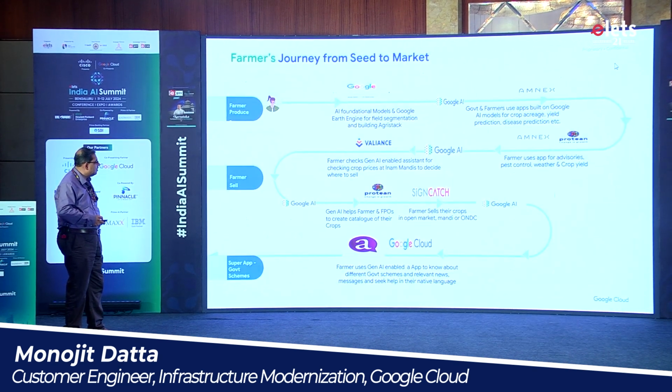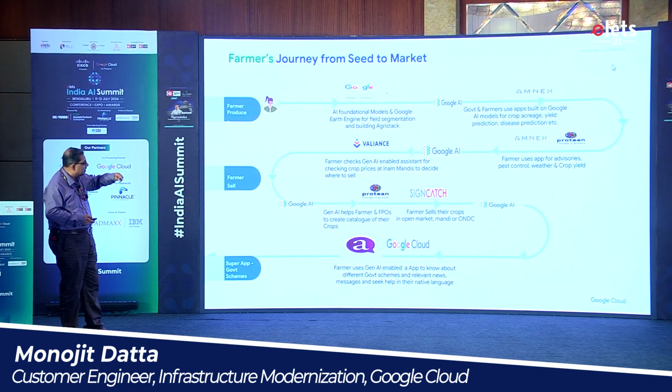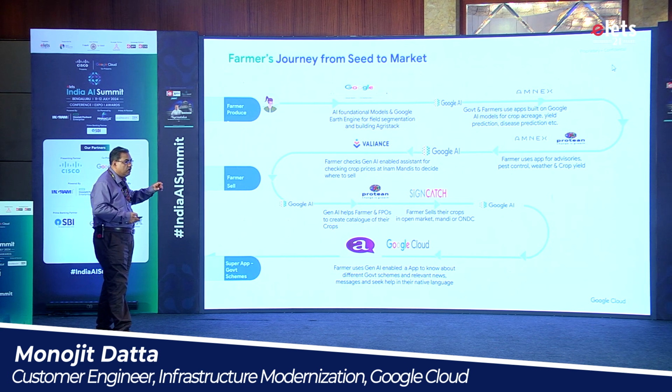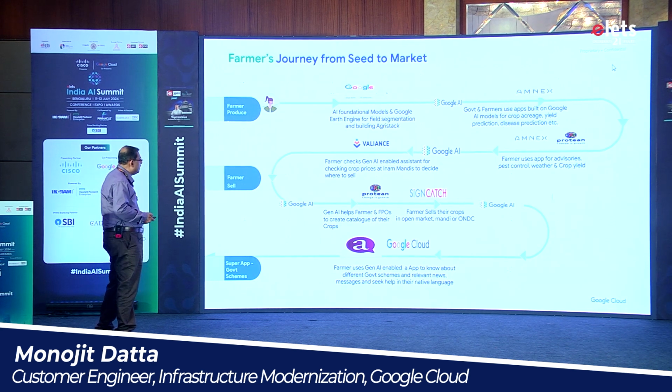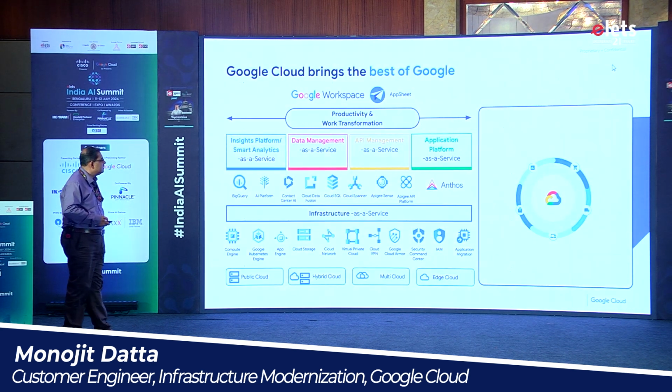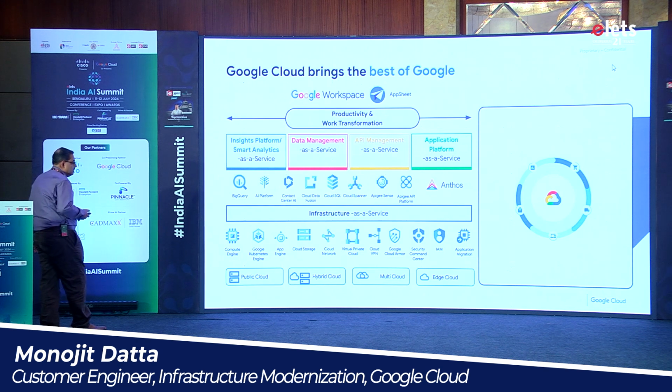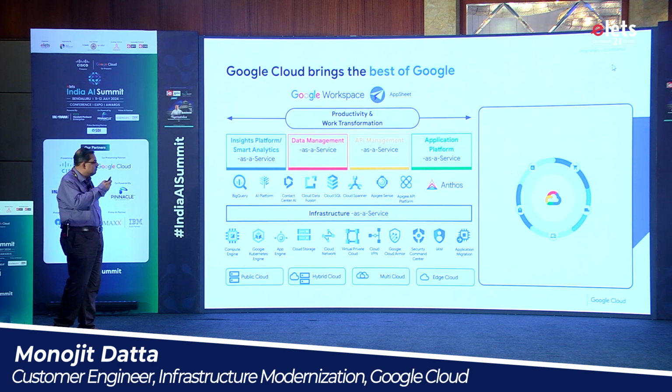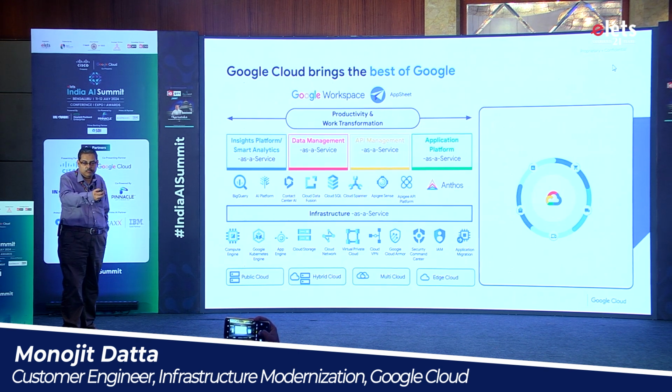Now, why do we build all these things and build a complete chain of services for different public sector departments, right? The main important thing that comes in is how we build that, because we have the services that you see here today. All these services are not actually for the cloud.